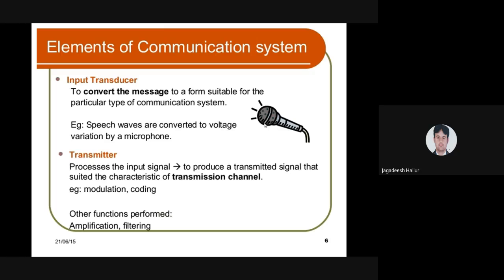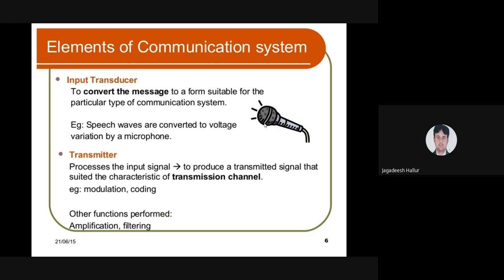Before that, the transmitter is going to do some functions. Modulation has to be done: amplitude modulation, frequency modulation, and phase modulation. That is variation in amplitude, variation in frequency, and variation in phase, that is the theta angle.